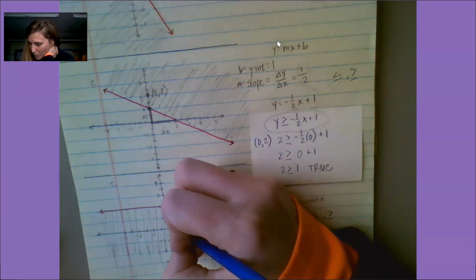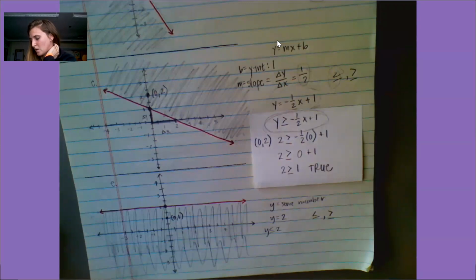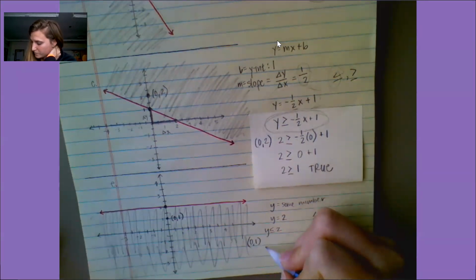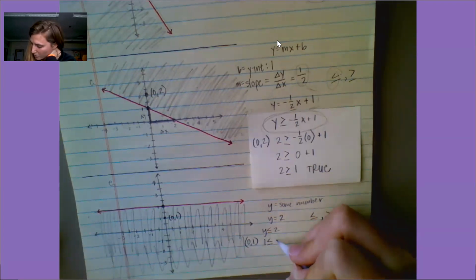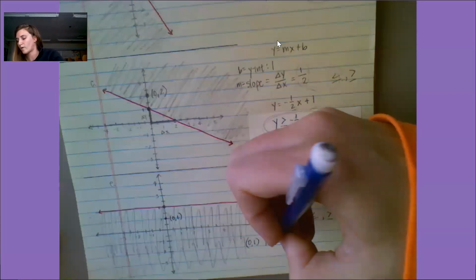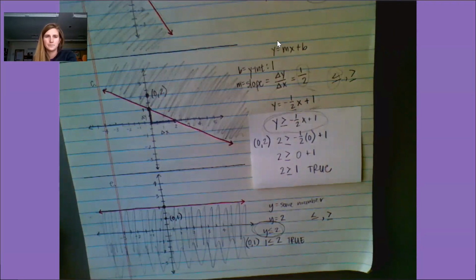So let's pick this point right here. That's 0, 1, where y is equal to 1. So I plug in 1 for y, which gives me 1 is less than or equal to 2. That is true. And therefore, this would be my inequality, right?